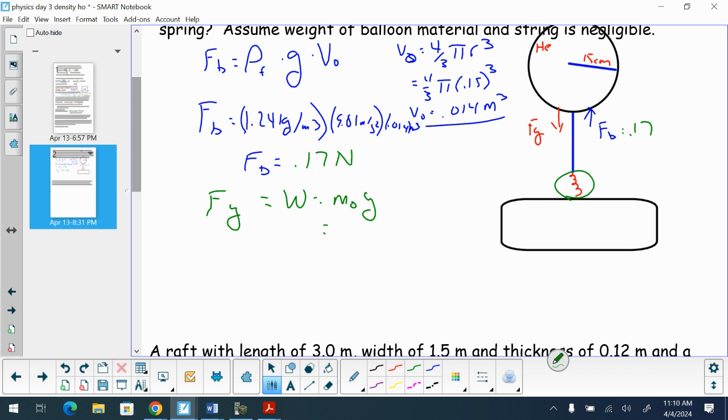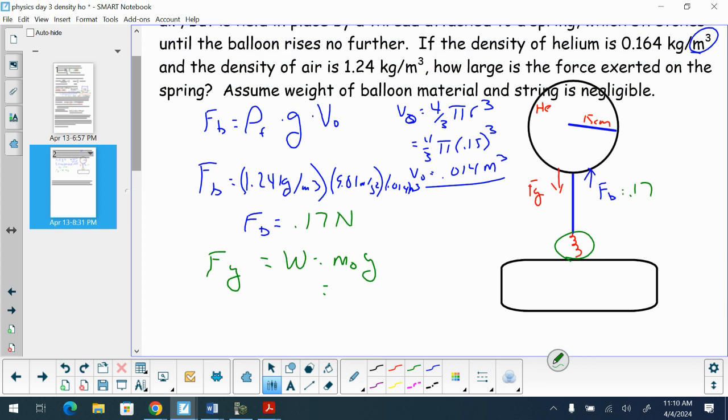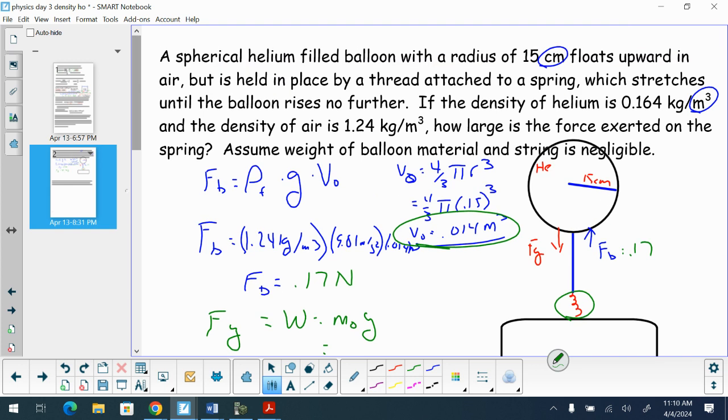Well, we need to find the mass of the object. The volume of the object is 0.014. The density of helium is 0.164 kilograms per meter cubed.